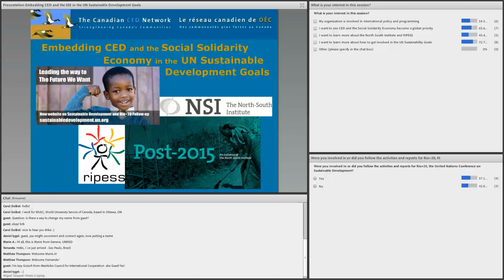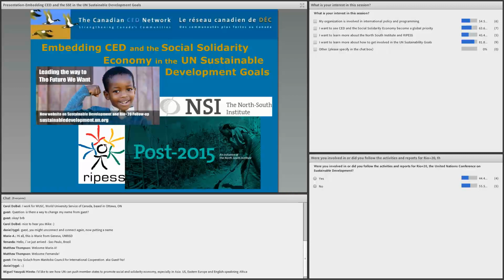The scope of these goals, like the Millennium Development Goals that preceded them, is ambitious and far-reaching. They should have a significant impact on development programs worldwide, so it's an important opportunity to strengthen them by incorporating effective practices for sustainable development that are well known in the community economic development and social solidarity economy movements.